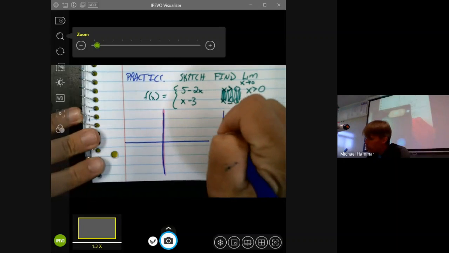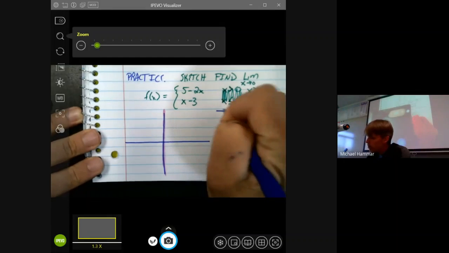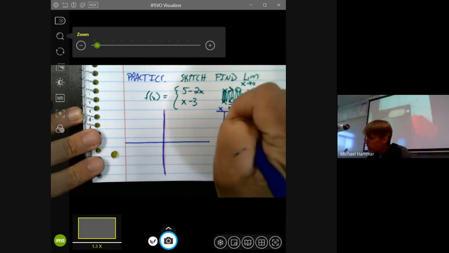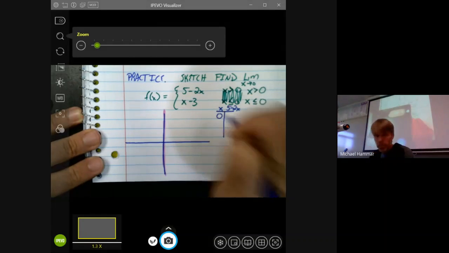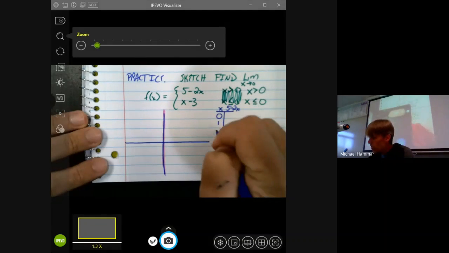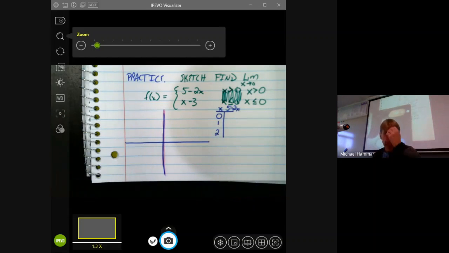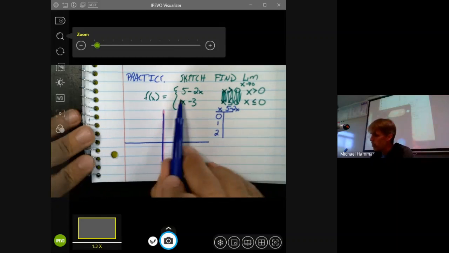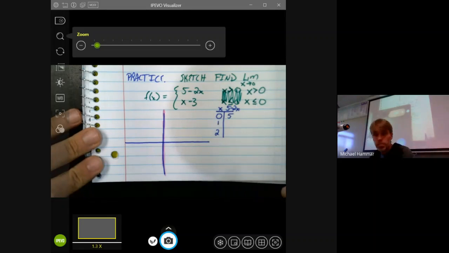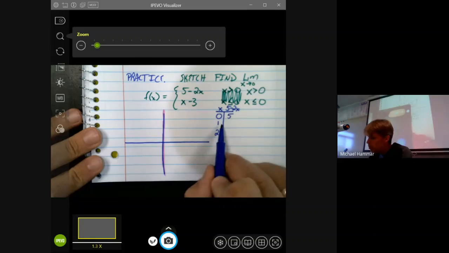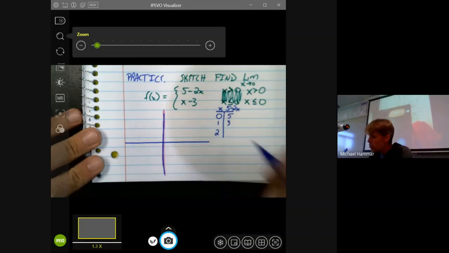So when x is greater than 0, if you remember, I am using this equation, 5 minus 2x. So I'm going to use 0, then 1, and 2. I also know, because it's 5 minus 2x, that's the equation of a line, so it's just going to be linear, so I just need a couple of points. I plug 0 in there: 5 minus 0 is 5. Then I plug in 1: 5 minus 2 is 3.